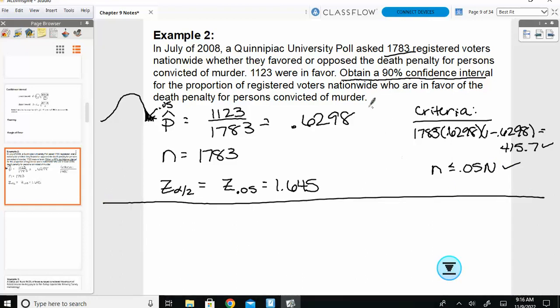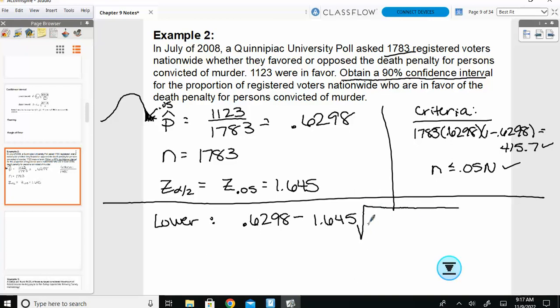So now we've checked everything, we've checked our criteria so we can do it, we have all of our values, so then we just plug them into our confidence interval. So the lower one is p-hat minus z alpha over 2 times the square root of p-hat times 1 minus p-hat over n.